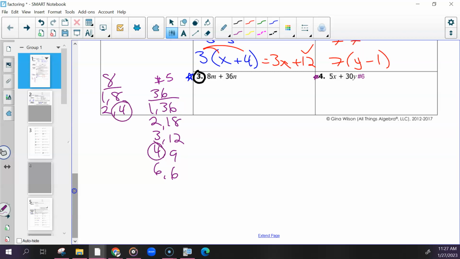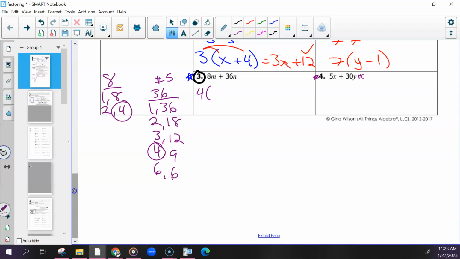Right? So if the table, or the factor chart, helps you see it, you can do that. Can we divide out any variables? No, because they're not the same. One has m, one has n. If they both had an m or both had an n, then we could. I'm going to stop writing that we're dividing, but feel free to continue to do that.